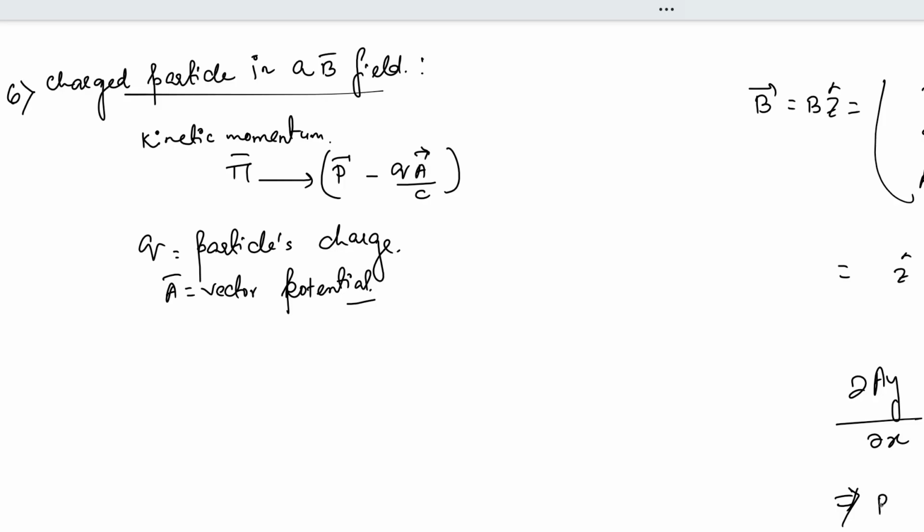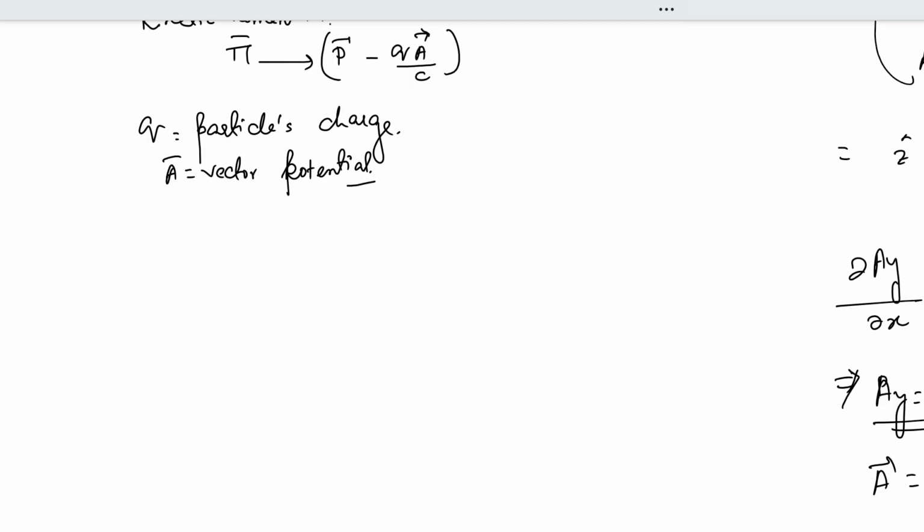So in this case ay will be Bx plus, you ignore the constant, so this is just plus Bx. That means your A vector is ax, ay, az, and your az is also chosen as 0.